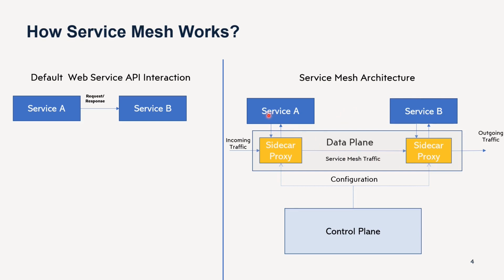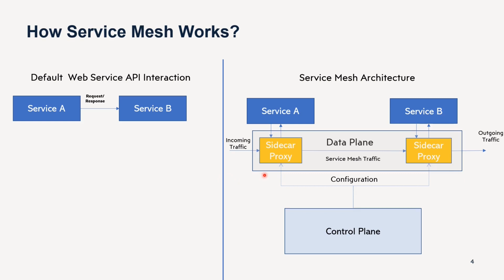The sidecar proxy will maintain whether the traffic is HTTP or some other protocol, what kind of authentication we are using, the security aspects, and also the endpoints of service B. Everything is taken care of by the sidecar proxy. So the service is just having the business logic, and the developer is just focusing on the business logic. Everything apart from that is taken care of by the sidecar proxy.